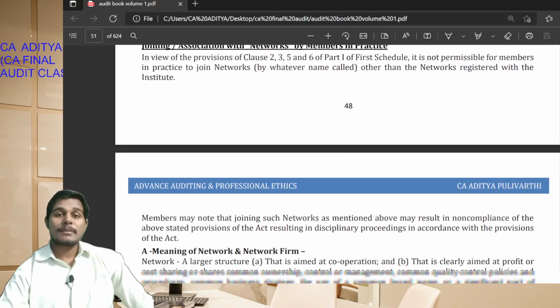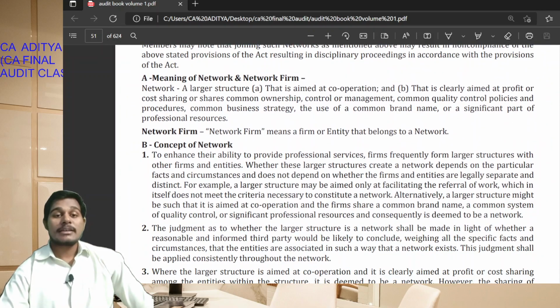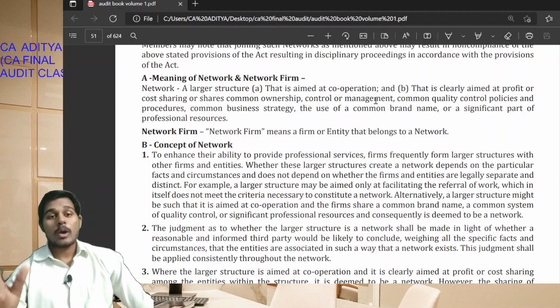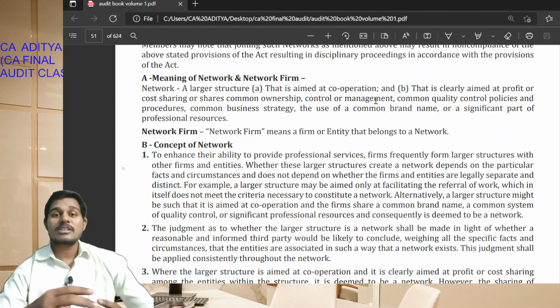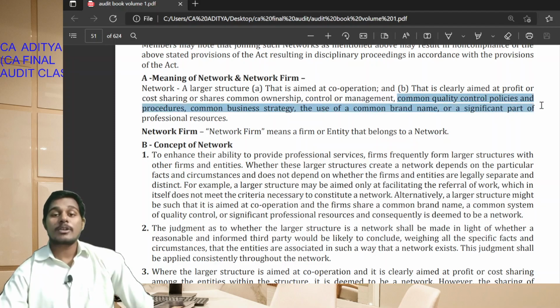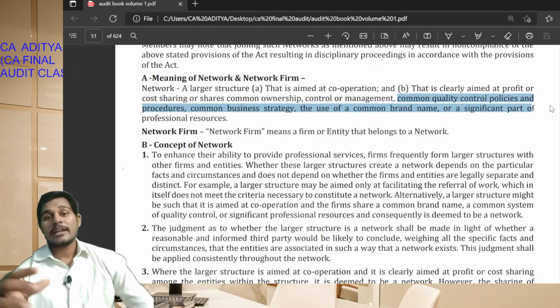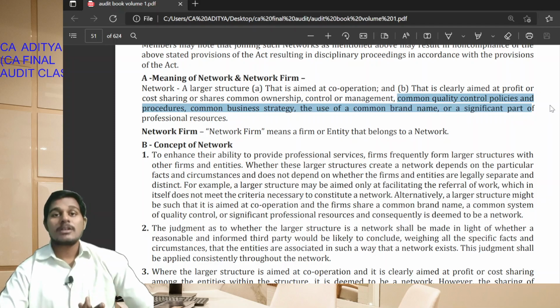See, what is meant by network? Network means a larger structure, a large group of chartered accountants aimed at cooperation, clearly aimed at profit sharing, common ownership, common control and management, and common quality control principles. They are grouped together for common profits, common management and common ownership, and aimed at cooperation.